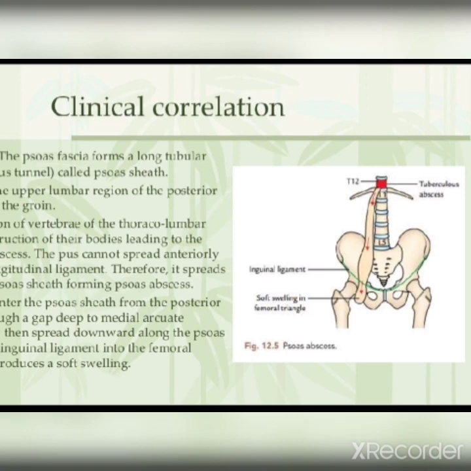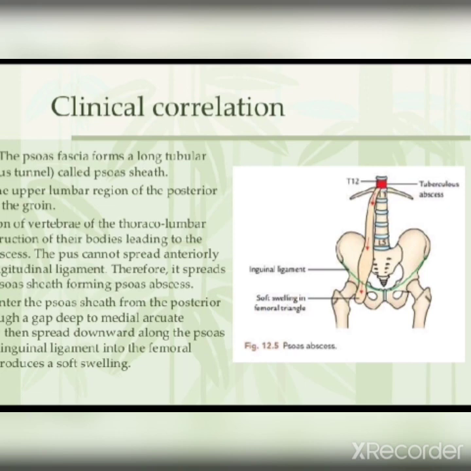The pus can also enter the psoas sheath from the posterior mediastinum through a gap deep to the medial arcuate ligament.